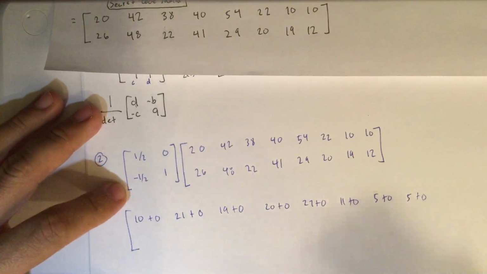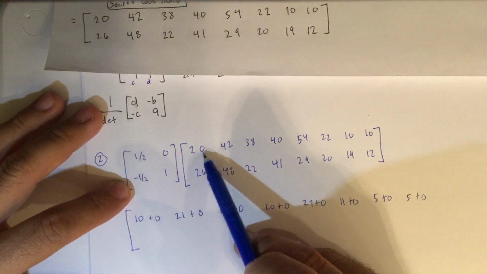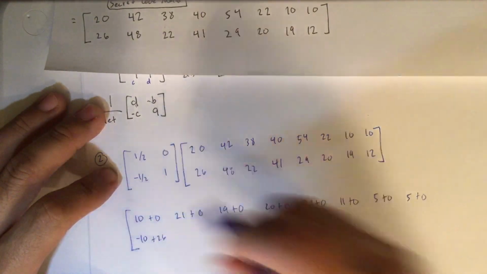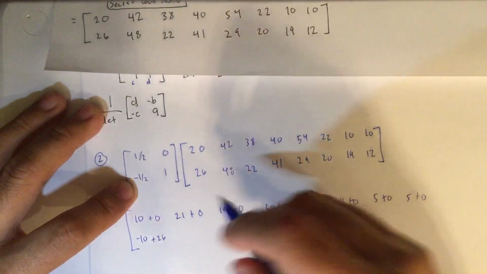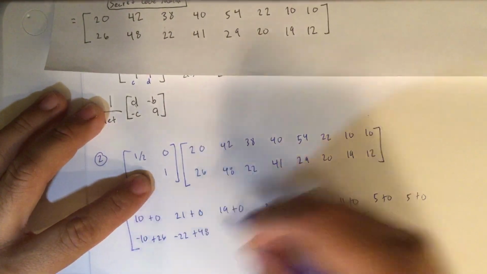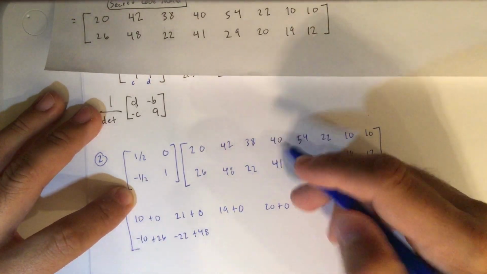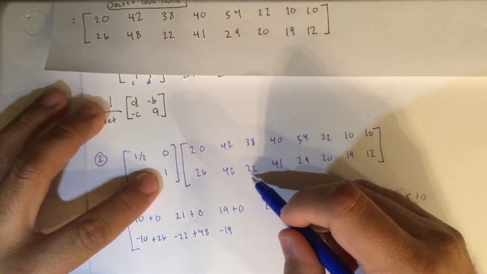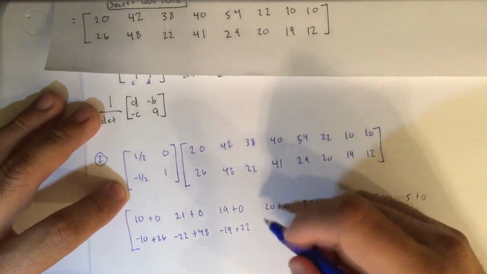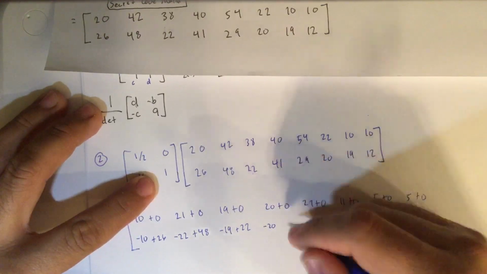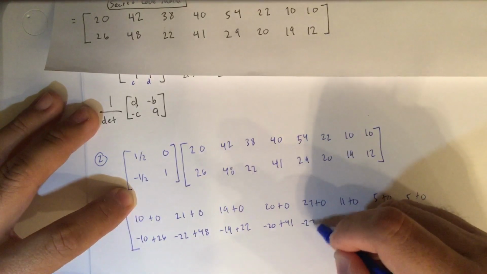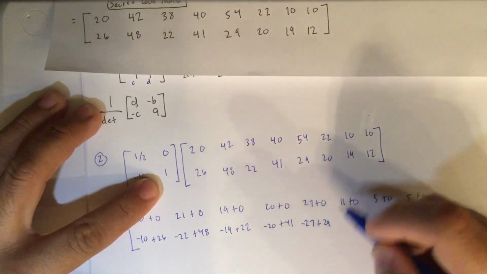All right, for the next part, negative 1/2 times 20 is negative 10. 1 times 26 is 26, so we're going to add those. Negative 1/2 times 42 is negative 22 plus 48. Negative half of 38 is negative 19. 1 times 22 is positive 22. Negative half of 40 is negative 20 plus 41. Negative 1/2 of 54 is negative 27 plus 29.